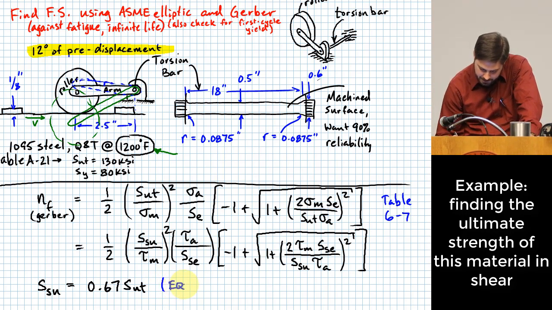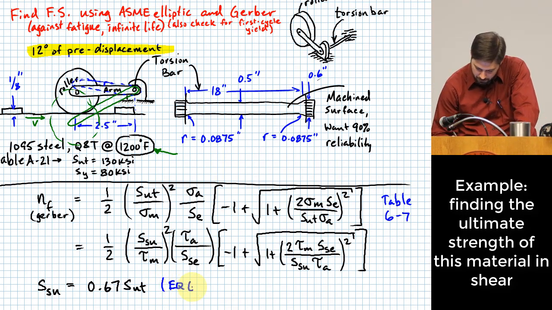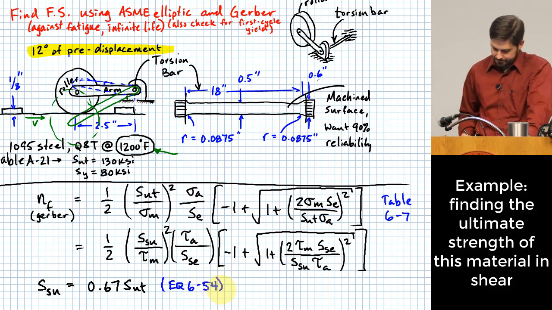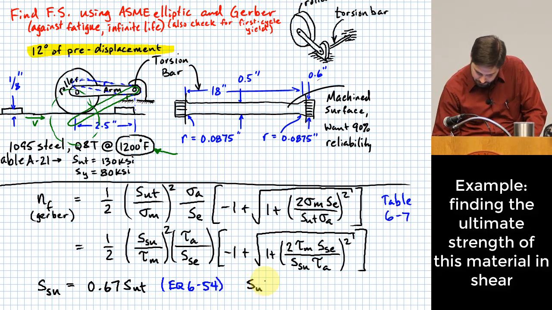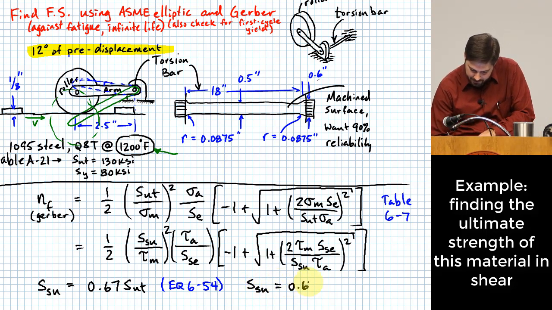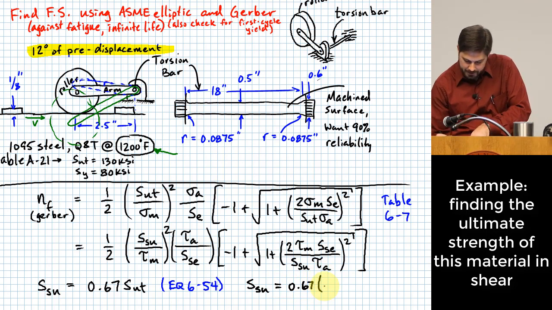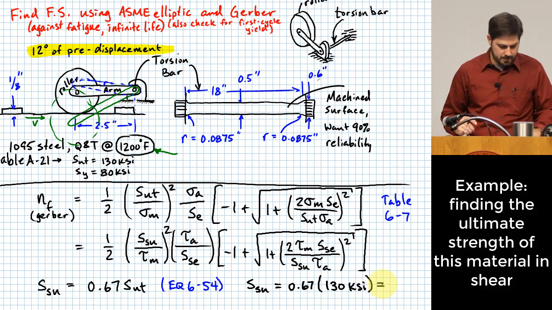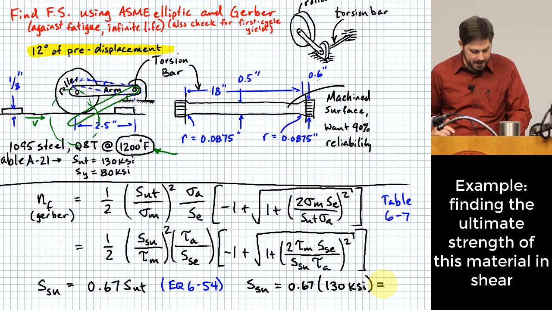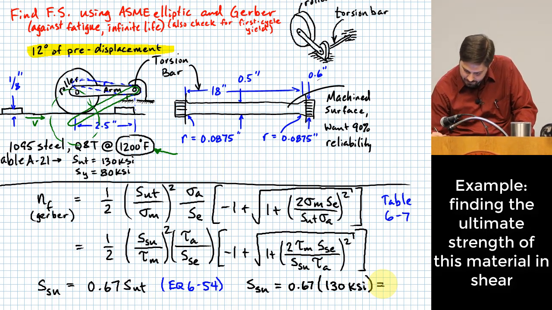This is equation 6-54. So S sub SU then for us is going to be equal to 0.67 times 130 KSI. All right, and that gives us 87.1 KSI.